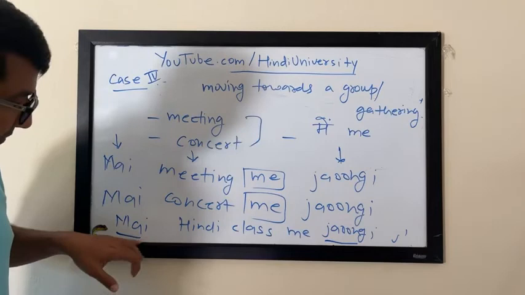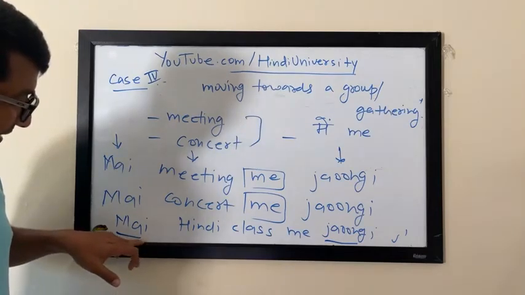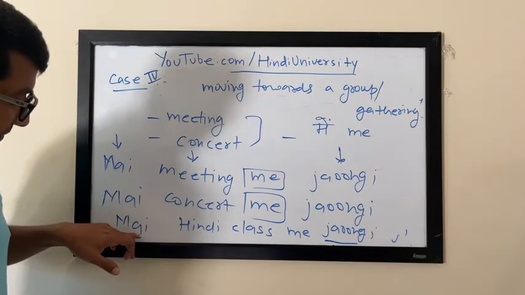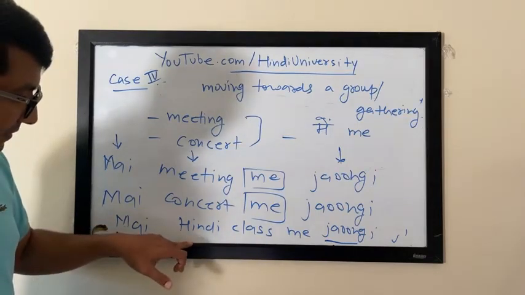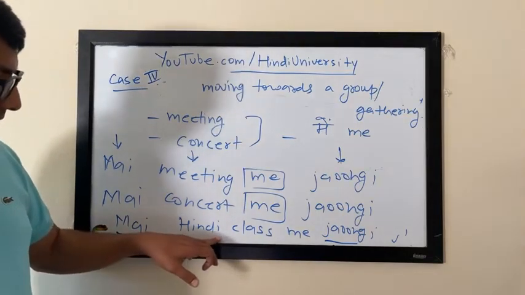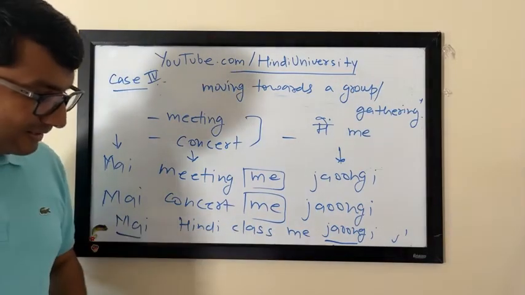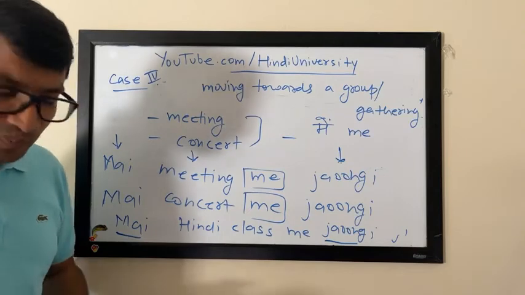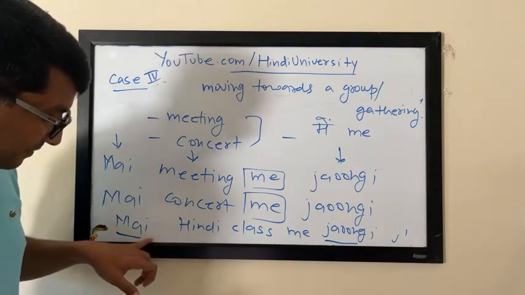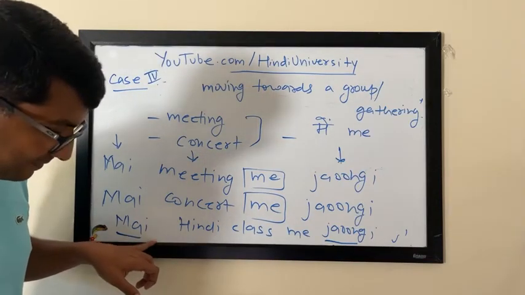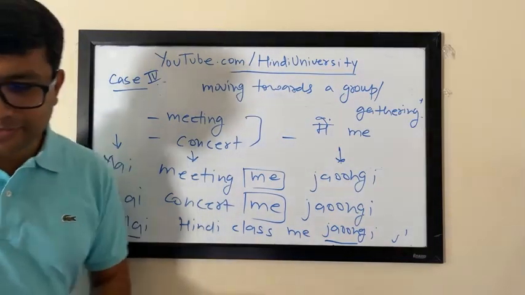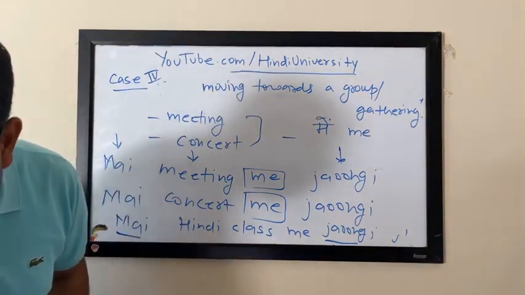What else do we have? "मेरी बहन dance party में गई." Very good. Say it again one more time, loud. "मेरी बहन dancing party में गई." Awesome. Great. Any questions so far?